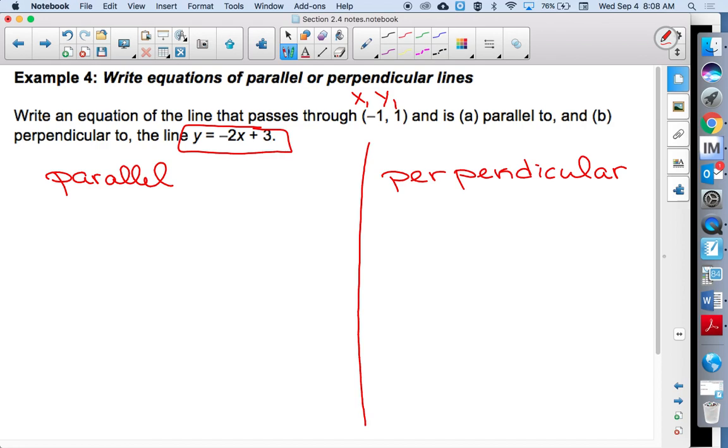What does that mean that we're going to think about if I have a line that's parallel to it? Jack? It has the same slope. So we're going to try and come up with a line that's parallel, meaning it has exactly the same slope. So parallel lines have the same slope.